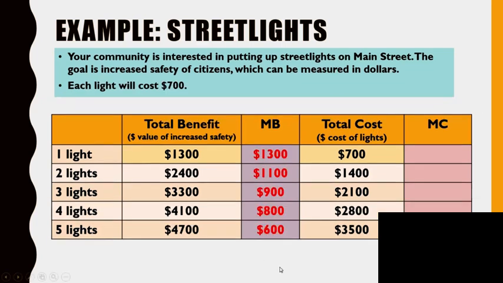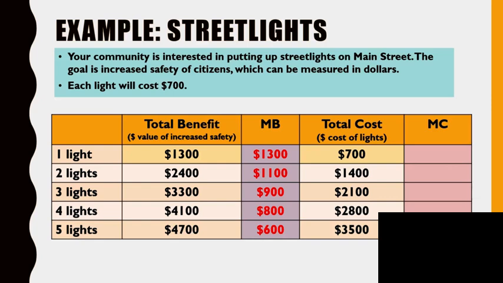All right, let's make sure we're getting marginal benefit right. Remember the implied 0 streetlight. The first margin is 0 to 1. Does everyone agree that the value of just the first streetlight is $1,300? Going from no streetlights to 1 streetlight, the benefit changes by $1,300. But going from 1 to 2 streetlights, for the 2nd streetlight, it goes up by $1,100.